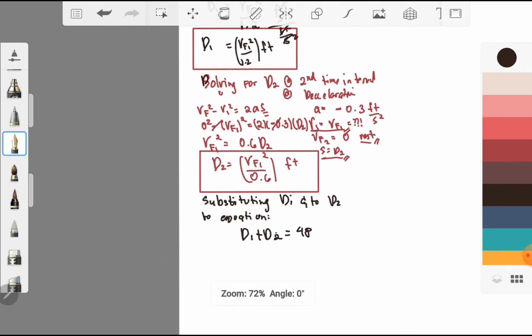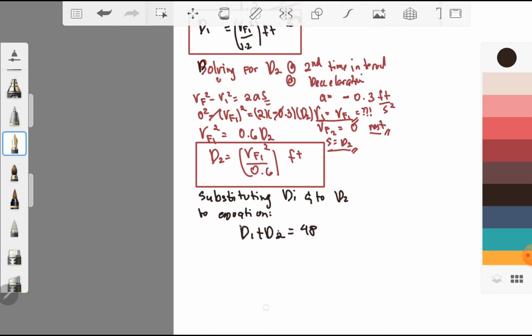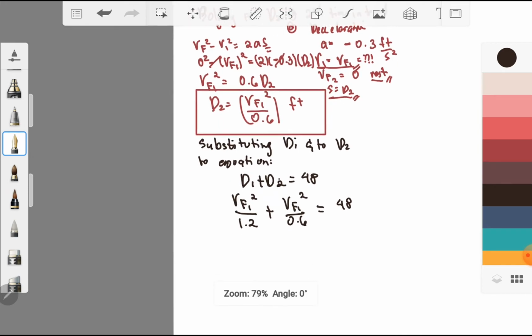So, we'll have a value equal to our D1, which is basically equal to VF1 squared all over 1.2, plus our D2, which is basically equal to VF1 squared all over 0.6, which is equal to our 48. Okay.